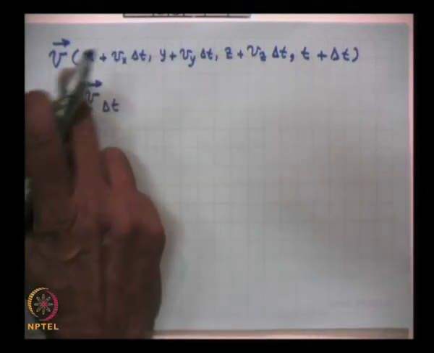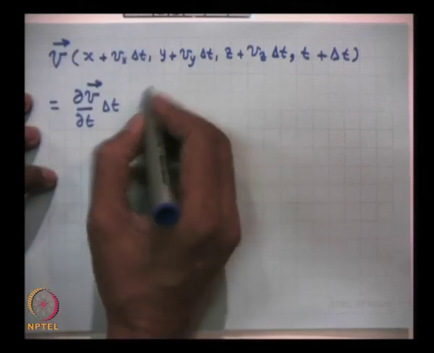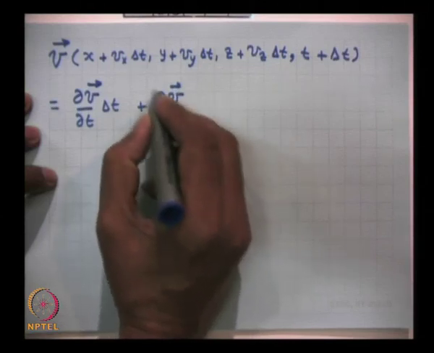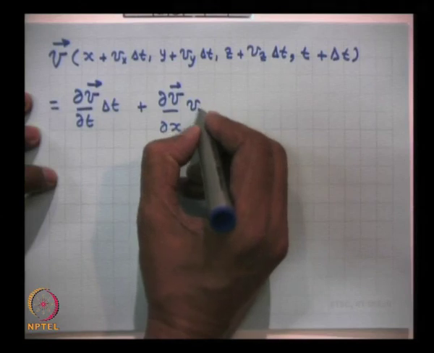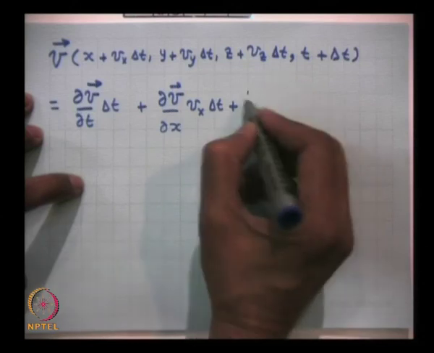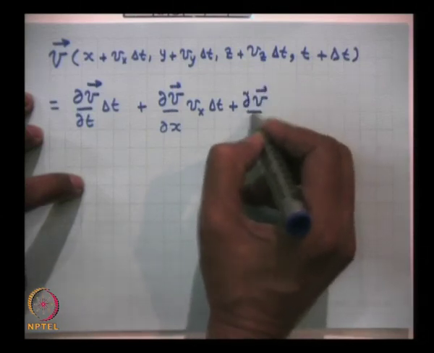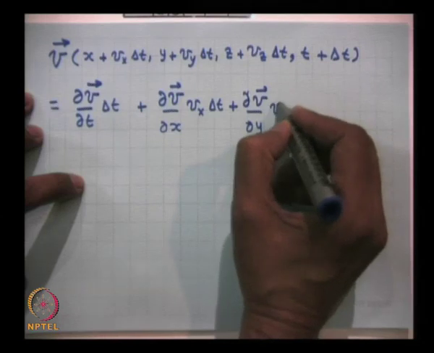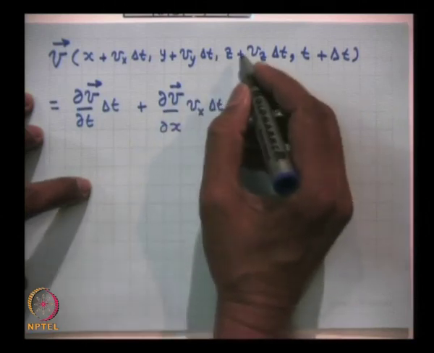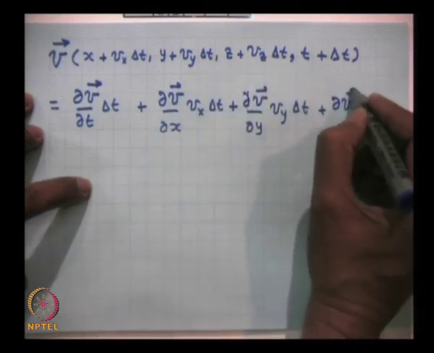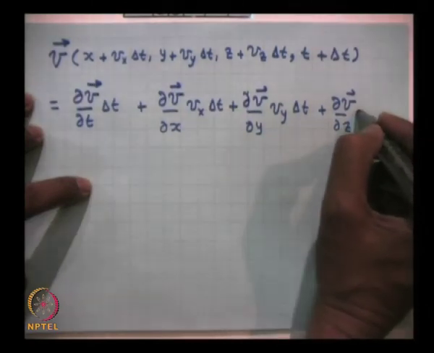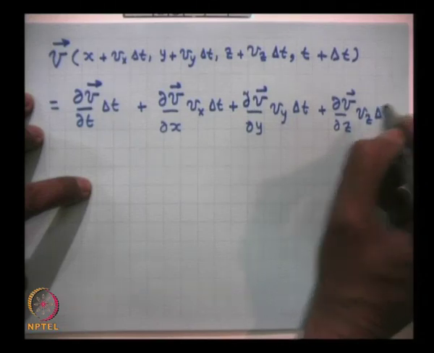Then I differentiate V with respect to the next variable. So delta V upon delta x into the increase in this variable by the amount Vx delta t, plus the next variable is y. So delta V upon delta y into Vy delta t. The last one is variation with respect to z. So delta V upon delta z into Vz delta t.